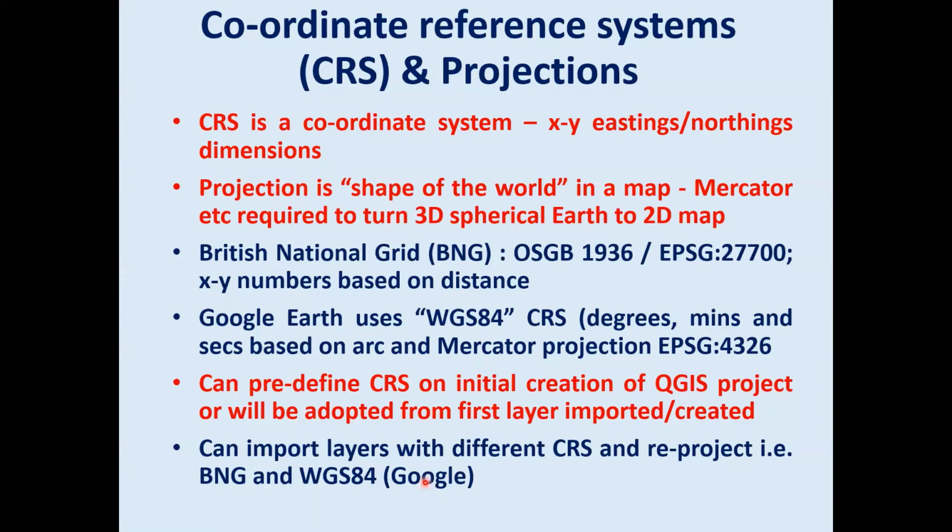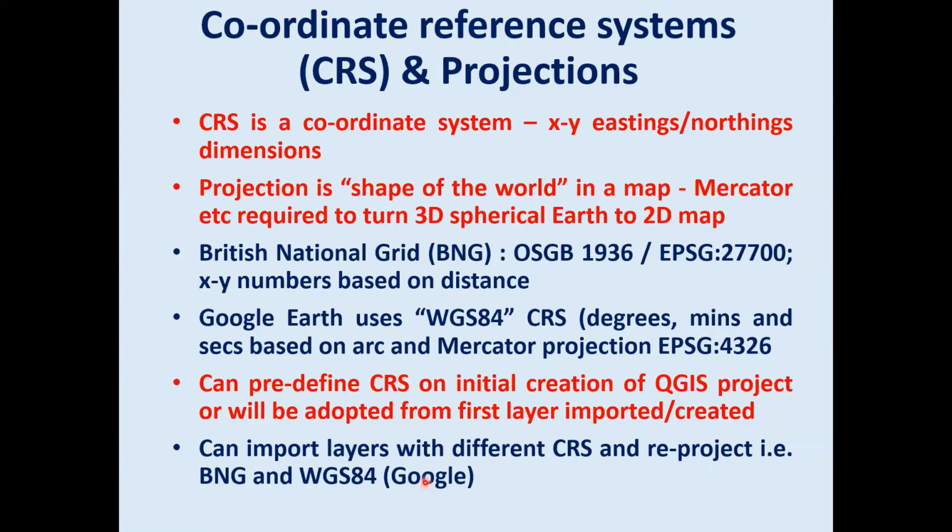When you first start QGIS with a blank project, you will need to tell it what CRS you're going to use, or it will adopt it from the first layer that's imported. You can import things, like you can import the OS map using the British National Grid and something from Google Earth with different CRS systems, but you need to project one onto the other.